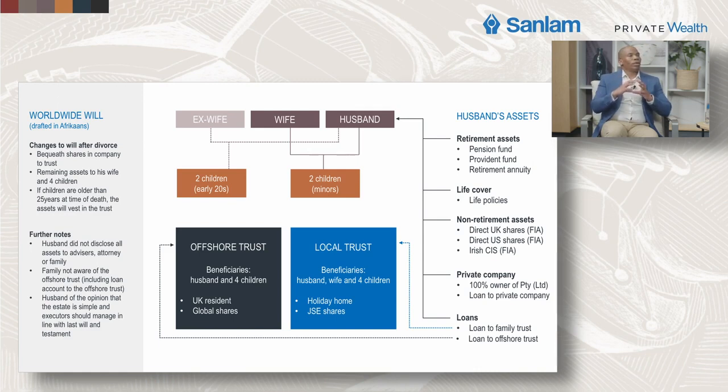And I normally tell clients that when you take money out, your intention is never to bring that money back. But because you haven't properly looked at your estate, you haven't properly looked at your will, you have to bring those assets back. And the only time the local trust can keep offshore assets is if you've got Reserve Bank approval. So you need to have Reserve Bank approval for a local trust to actually hold direct offshore assets. And that approval, in my view or my experience, has never been given to people.